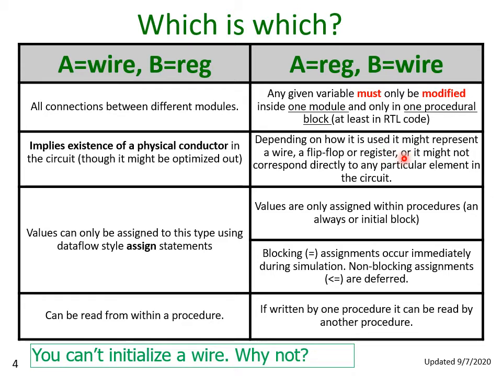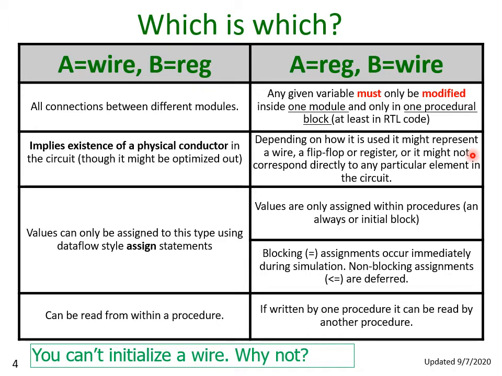But it is also possible that the variable may just be an intermediate value inside the code that helps you describe the logic, but when the synthesis software analyzes the code and figures out how to build the circuit, it may not correspond to a wire at all.